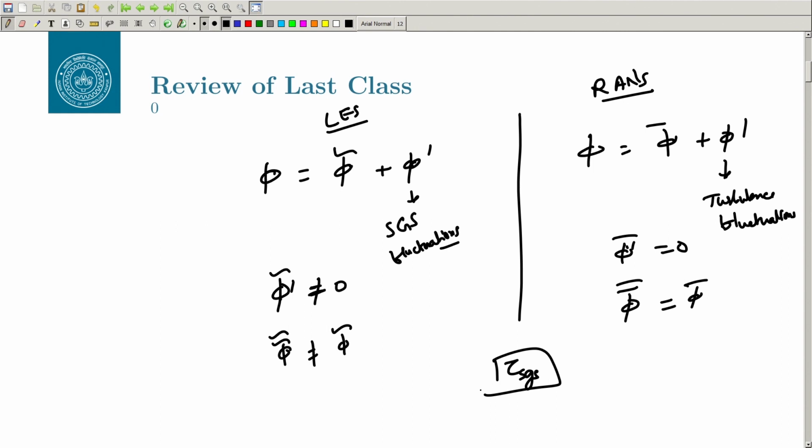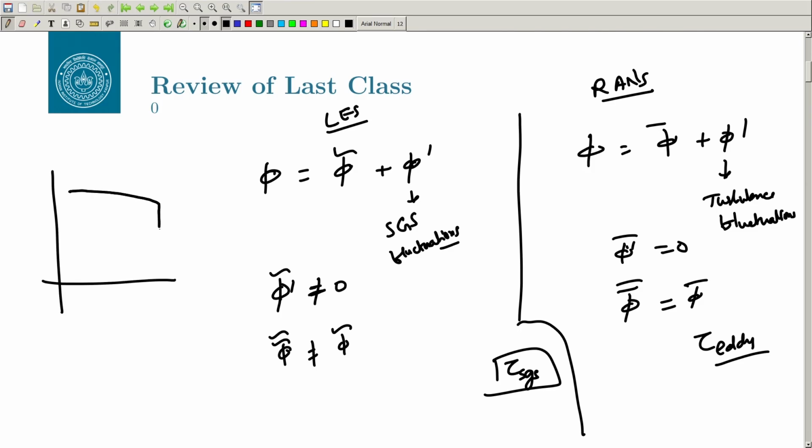But this is different from the tau eddy or tau turb that we had in the RANS, in a way that this only applies to the smallest grid that we have, where we want the dissipation to happen. So, we are still resolving the spectrum to a great extent. After that, we just ask it to go down, and we are not resolving some regions which are responsible for dissipation.